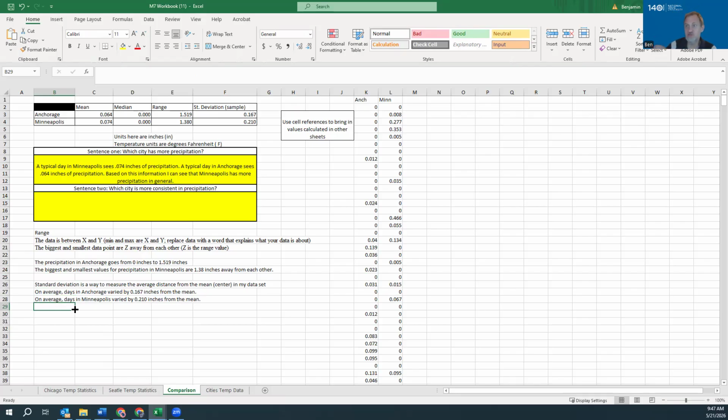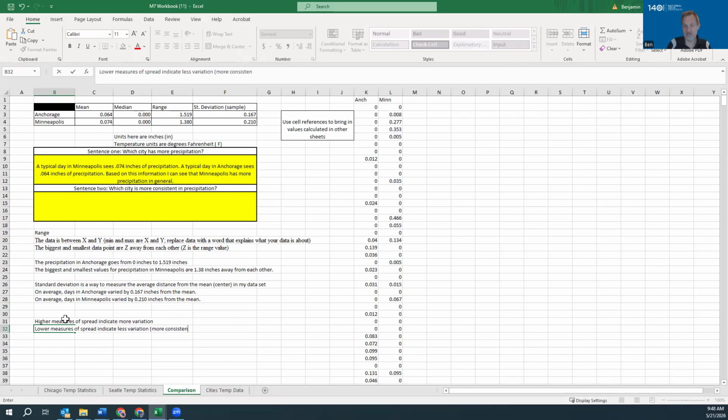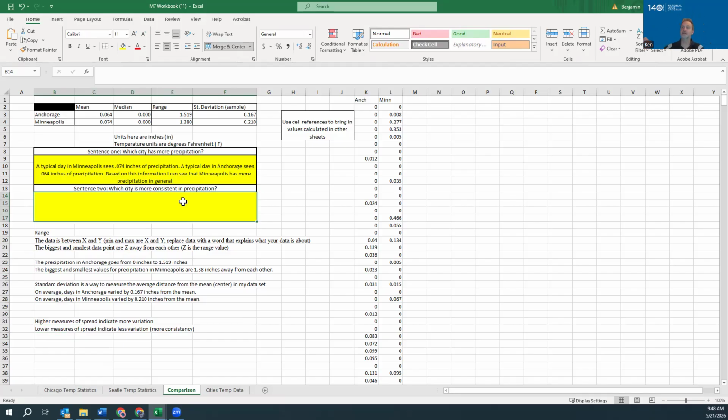So what's interesting here is that higher measures of spread indicate more variation, and the flip side of that is that lower measures of spread indicate less variation, and that's more consistency is the way we would say that. So this question is asking what city is more consistent. That's actually asking about less variation, right? So where is there less variation?